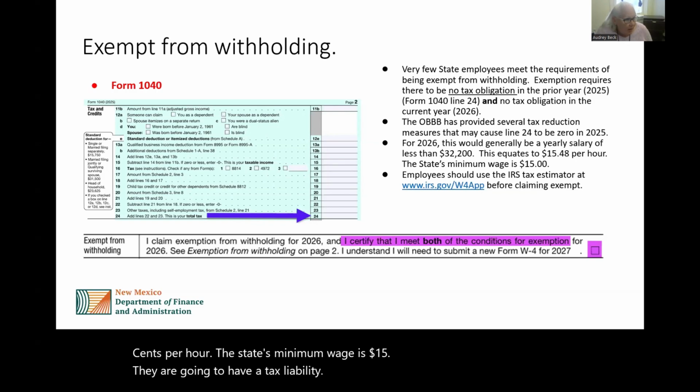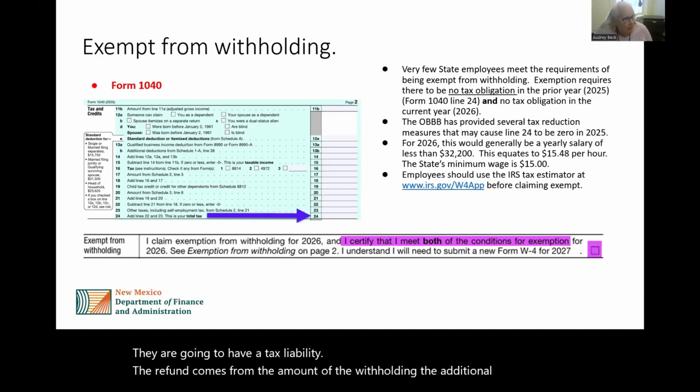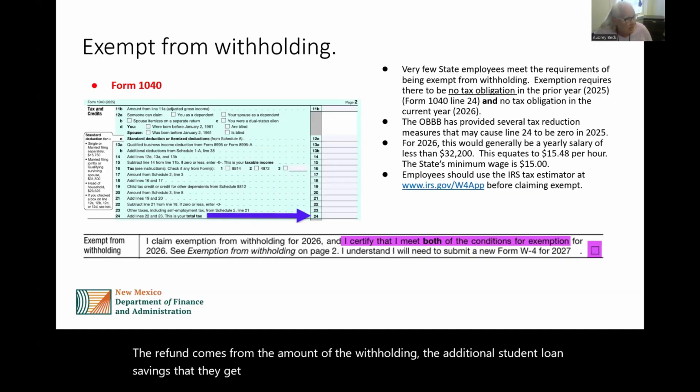The refund comes from the amount of the withholding, the additional student loan savings that they get below line 24, the earned income credit that they get below line 24.